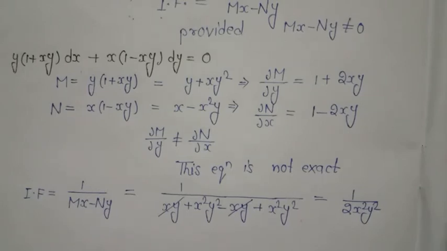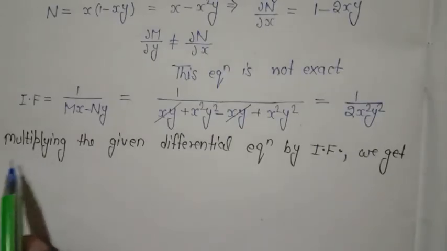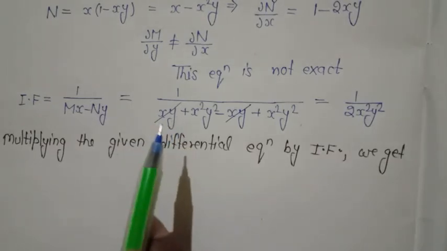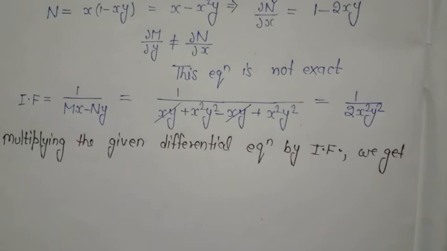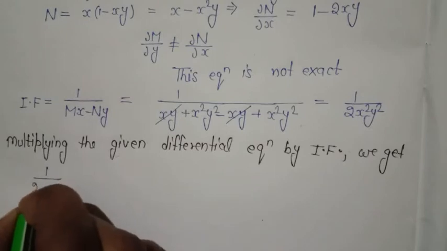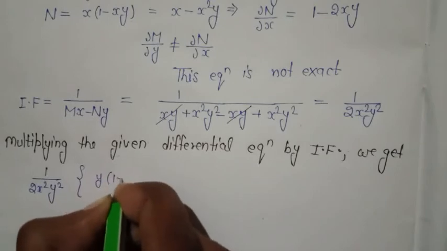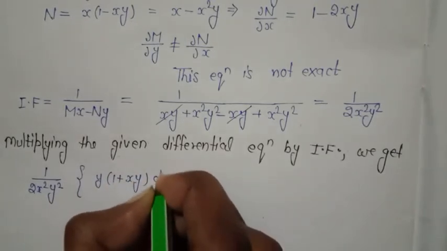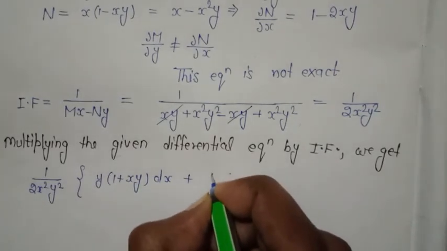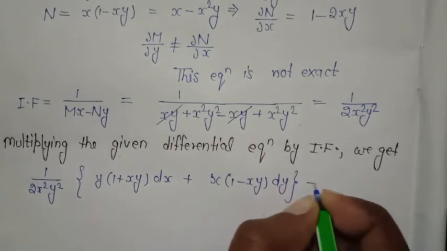Now I am going to find the solution for this differential equation. Before finding the solution, we will multiply the given differential equation by this integrating factor to make it an exact differential equation. So 1 upon 2x squared y squared is multiplied with y into (1 plus xy) dx plus x into (1 minus xy) dy is equal to 0.